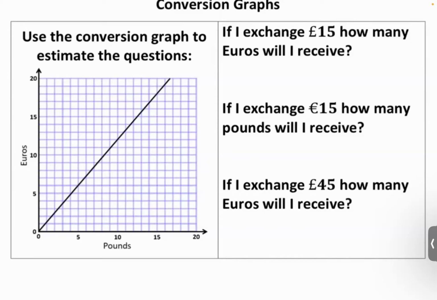You've seen that equation, right? That's the general equation for a straight line graph. In this case, m is the gradient and c is the intercept on the y-axis. But this one, its intercept is 0 because it starts from the origin.